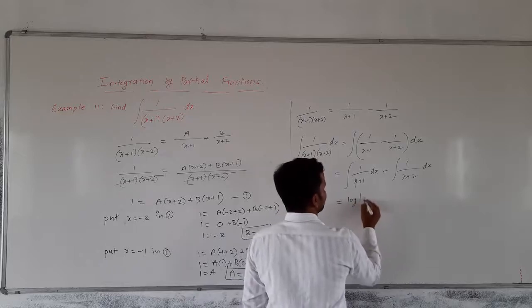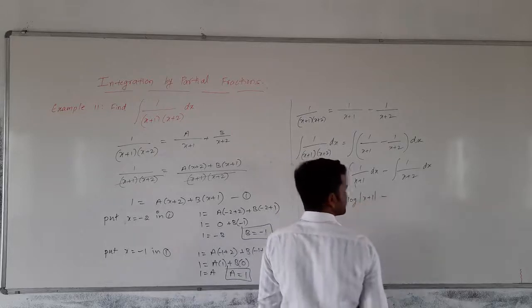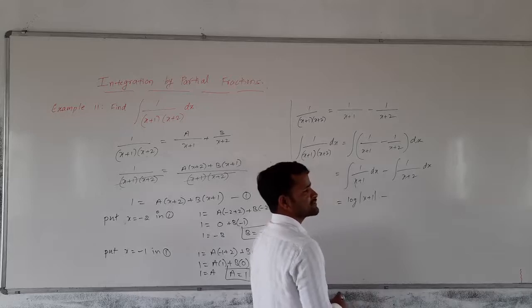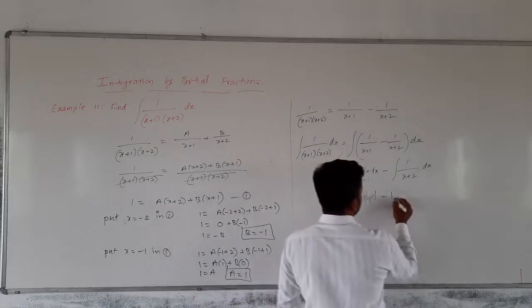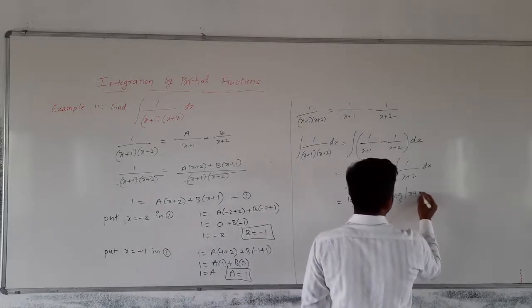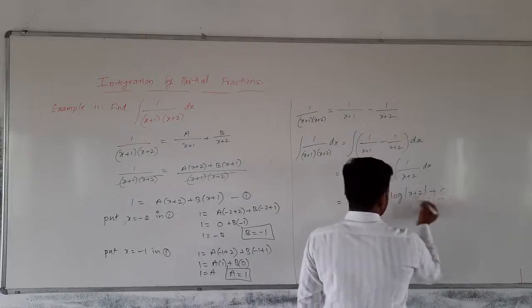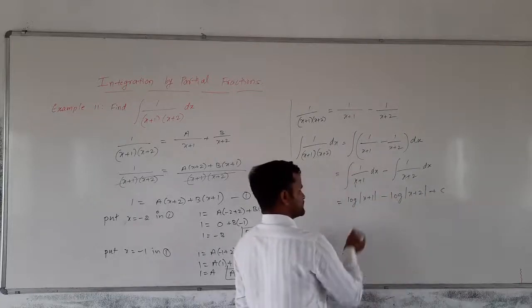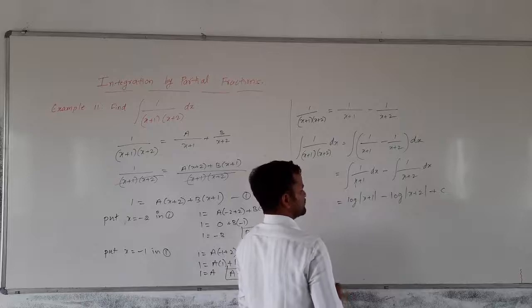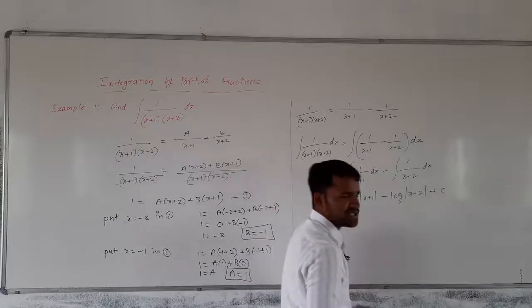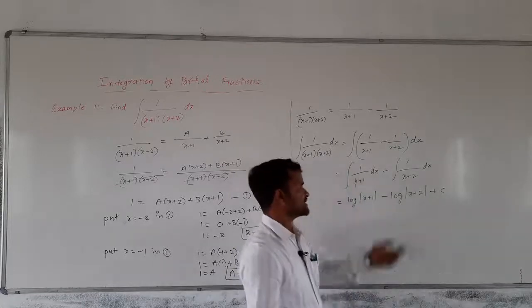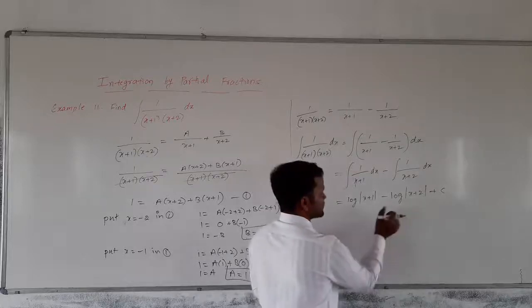What is integration of 1 by x plus 1? It is log of mod of x plus 1, minus integration of 1 by x plus 2, it is log of mod of x plus 2, divided by the coefficient of x you should write. Here also divided by the coefficient of x you should write. Coefficient of x is anyhow 1, so there is no change at all. Plus c, integration completed. Okay.